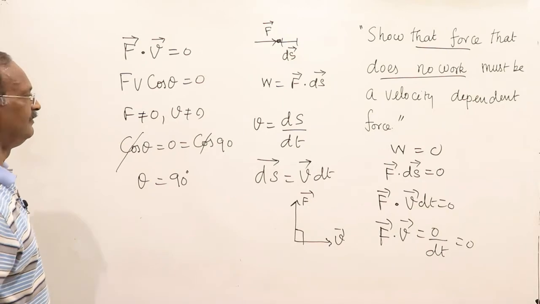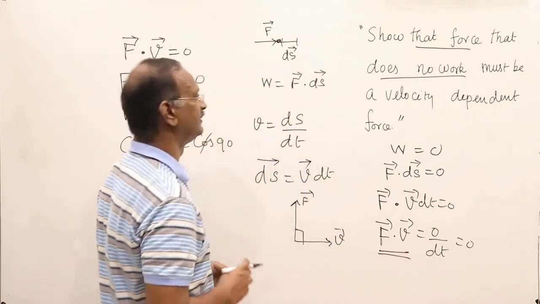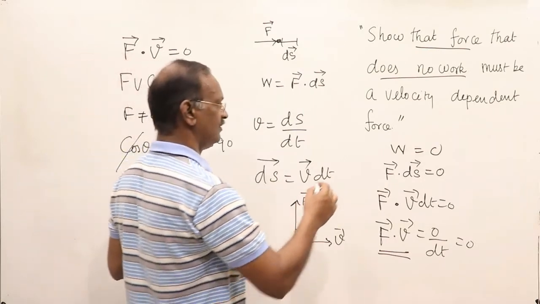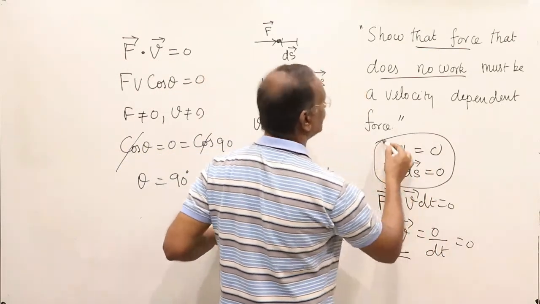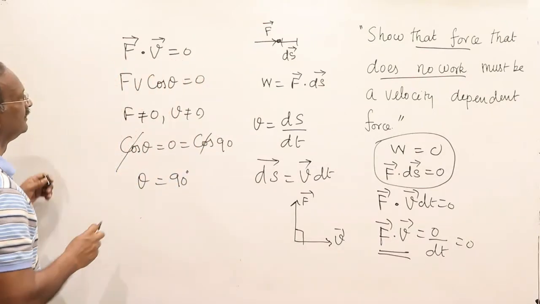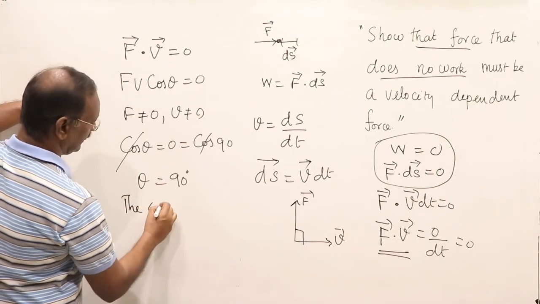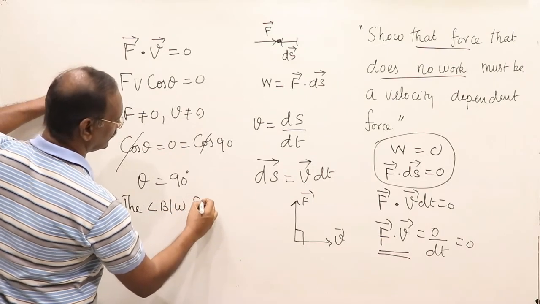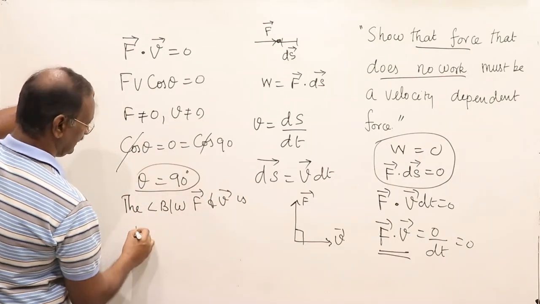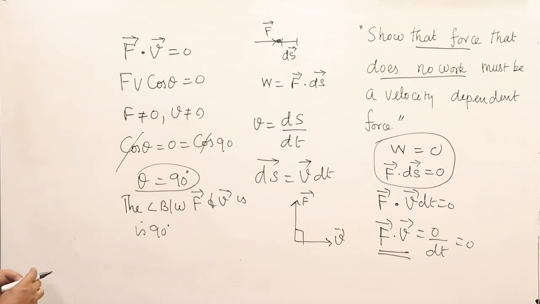What is theta? Theta is the angle between force and velocity. This shows that the force does no work. The force that does no work must be a velocity dependent force, because the angle between force and velocity is 90 degrees.